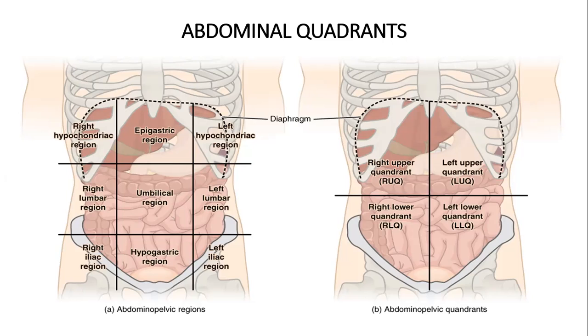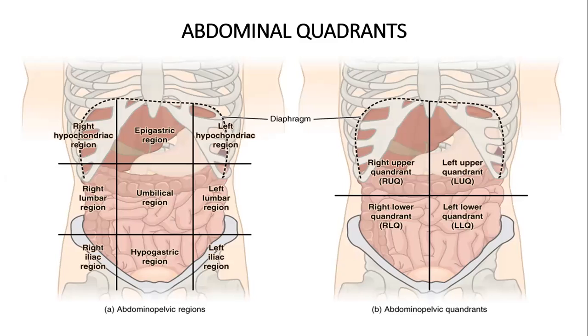All right, the right hypochondriac area, the right iliac region. Guys, don't freak out. I am not testing you on this. There will be no exam questions on abdominal quadrants. I just want you to know that if you hear this, that you have an understanding of it.